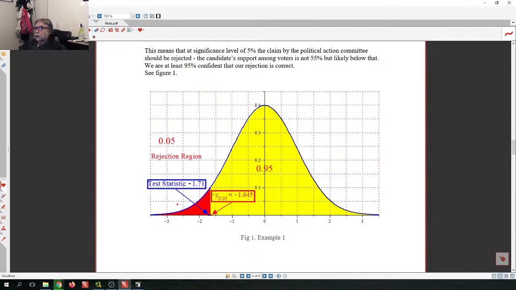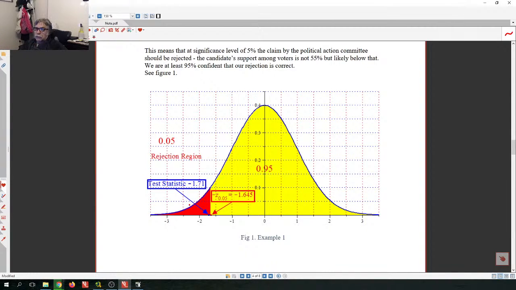And again, that means that something is wrong. And that something that is wrong is our only assumption that we are not sure about: the initial claim that the population proportion is actually 55%. And we used it in our calculation. We used P0 instead of P in our calculation. So that is not right. That is not true. And I'm at least 95% sure that that is not true.